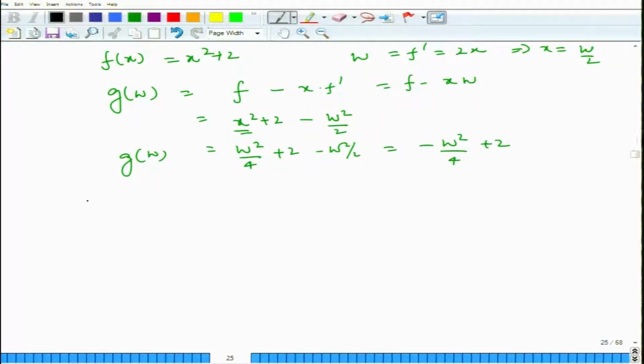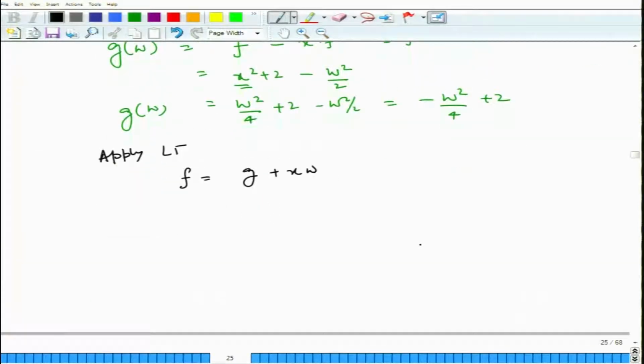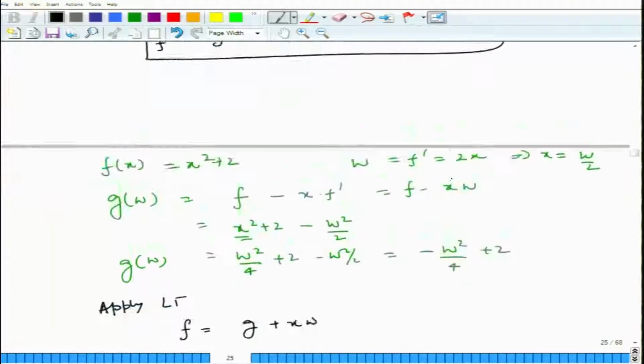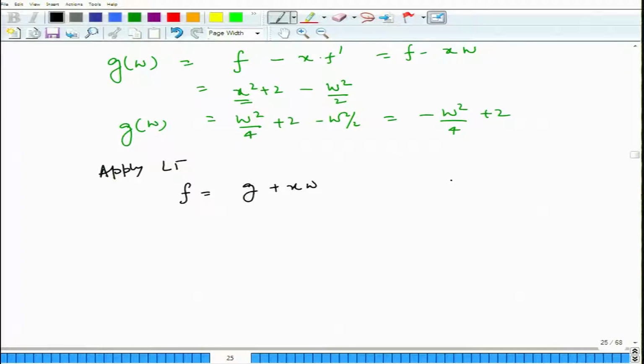So, if we apply Legendre transformation again, this is going to be, let us say, g plus xw. That is what we showed here earlier. Okay. So, what is g here? g is nothing but minus w square by 4 plus 2, plus what is x? x is w by 2.